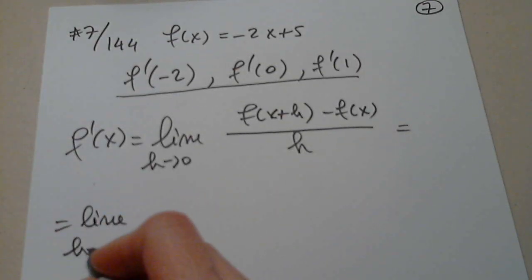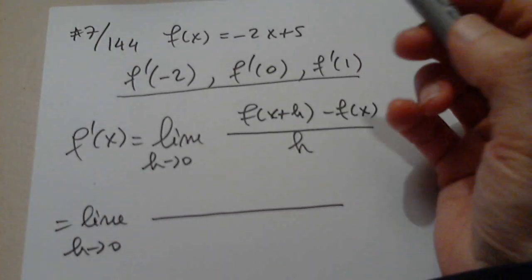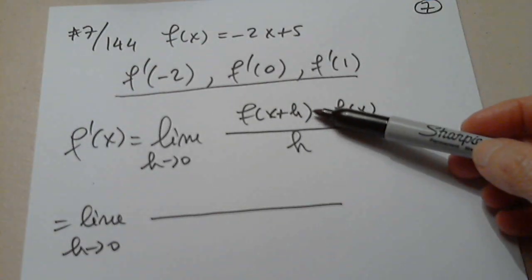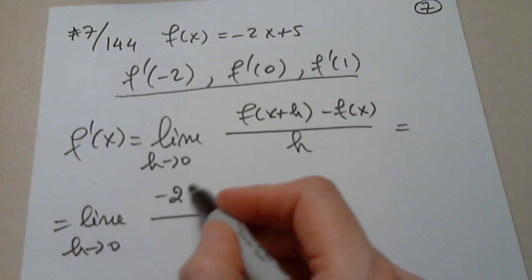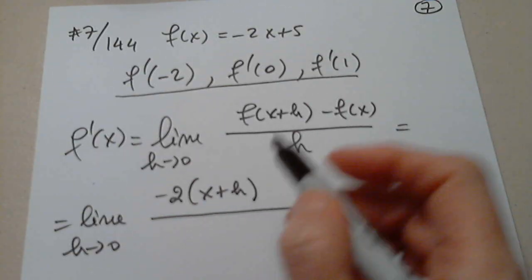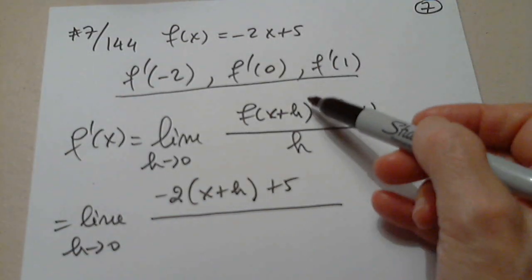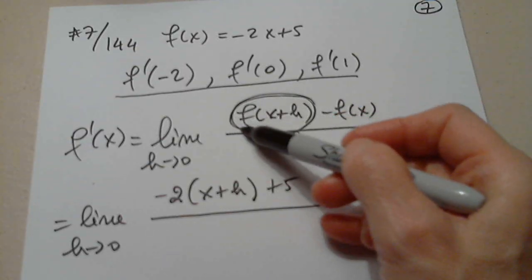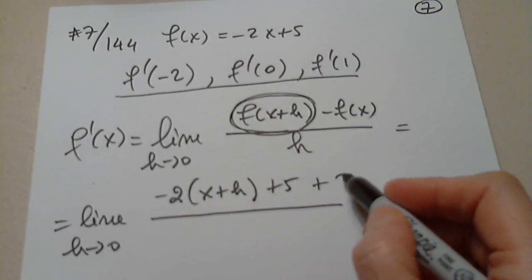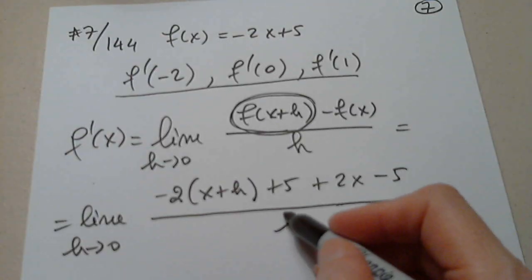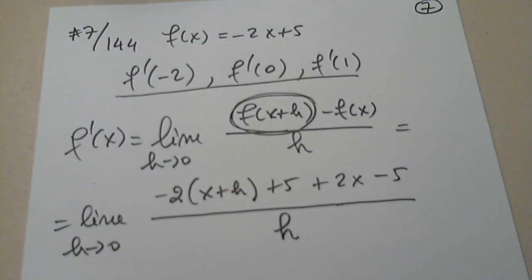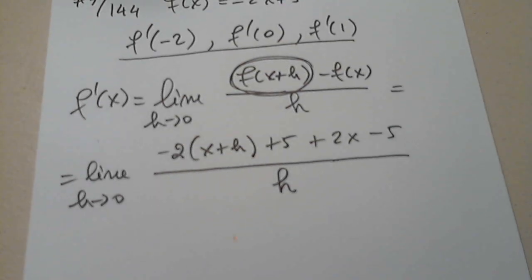So limit as h approaches 0. So f of x plus h, negative 2 times x plus h plus 5. So this is this piece minus f of x, which means plus 2x and minus 5 divided by h. Remember, all terms without h must go away. This has never changed. It's the same difference quotient. So I have to make sure that those terms without h go away.